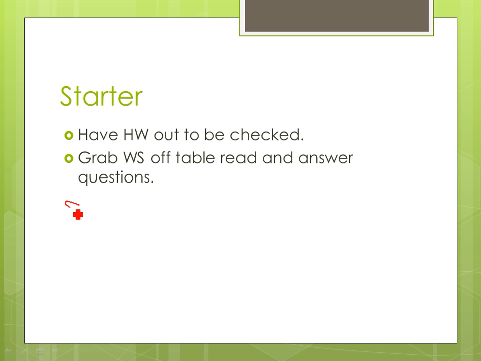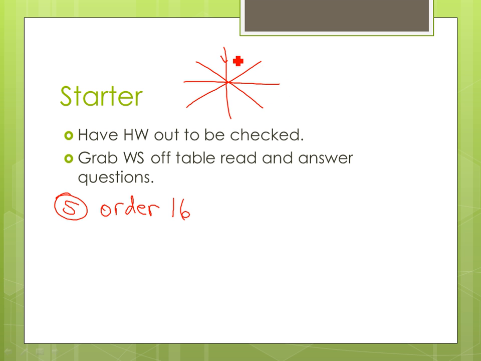Number 5, I'm not going to try to draw it, but if you count it up there, be careful with this. The order is 16. We had a picture like this the other day, and we did how many lines of symmetry it had, and you didn't count. If the picture looks like this, remember, if you counted that line up there, you didn't count it down here for line symmetry.